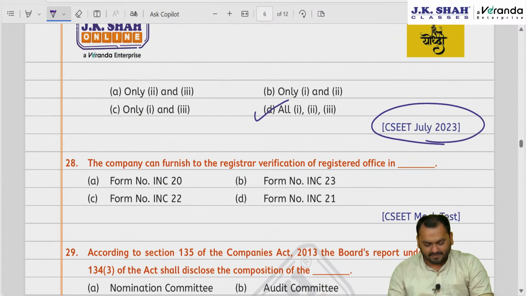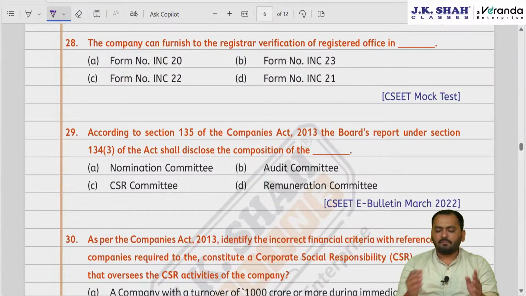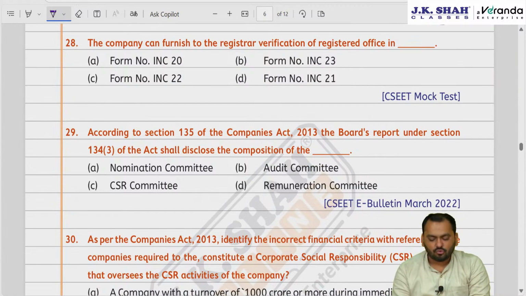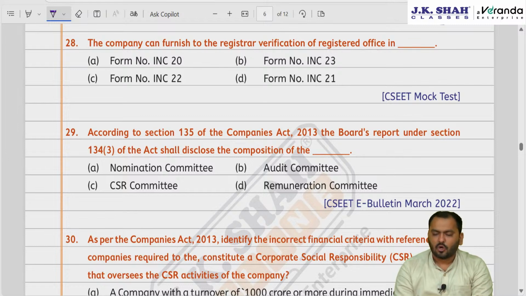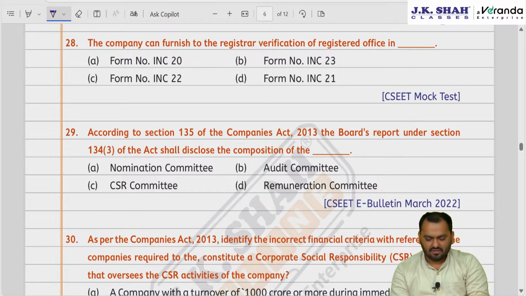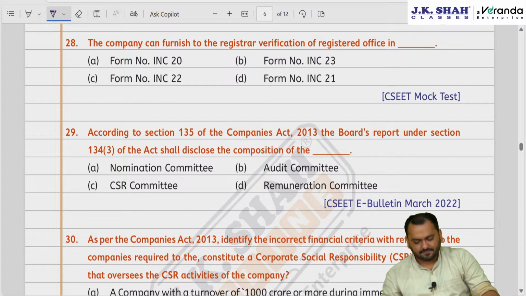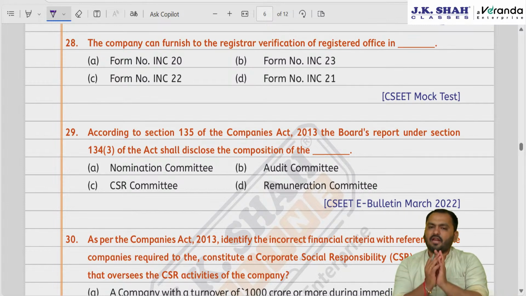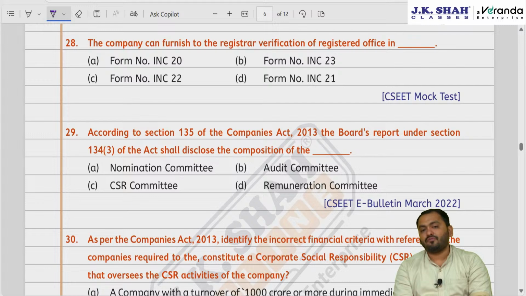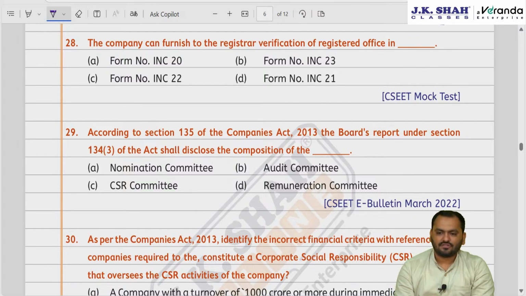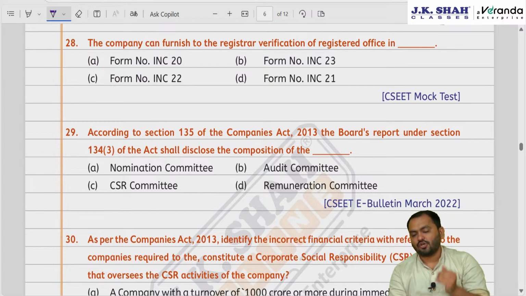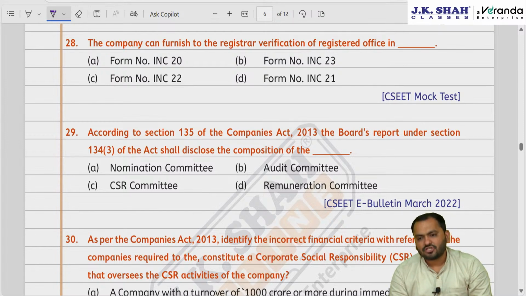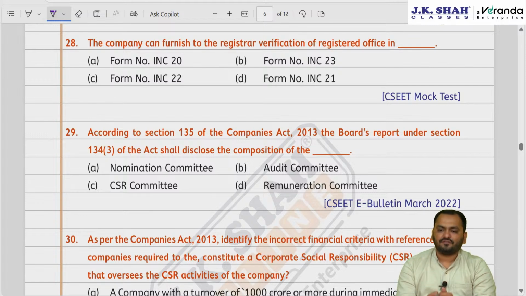Okay, let's go next. A company can furnish to ROC, to registrar, a verification of registered office in dash. You know friends, what is the case? See, when we prepare MOA, in Memorandum of Association, we write name clause, then we write situation clause. When you write situation clause, in that, do we mention the address of registered office?